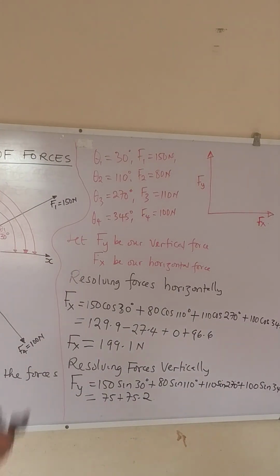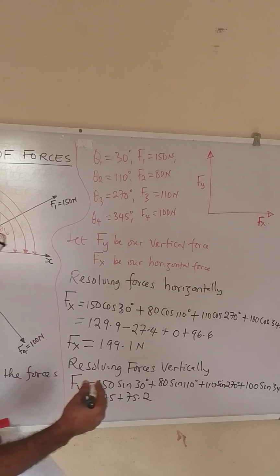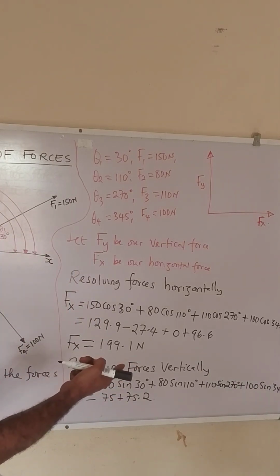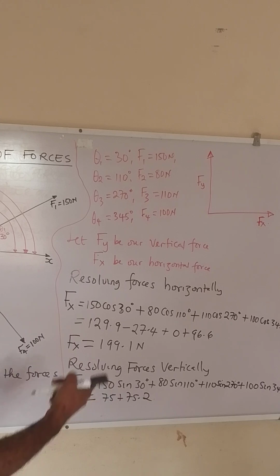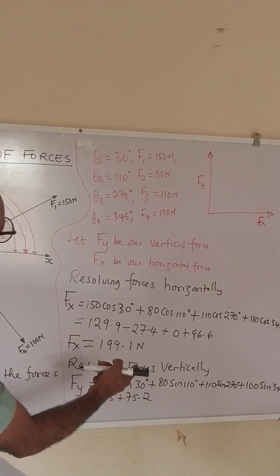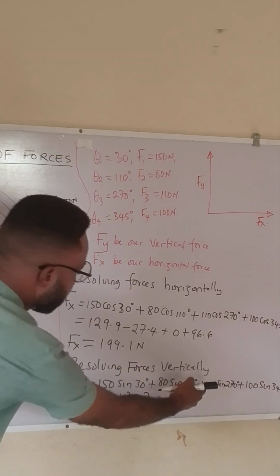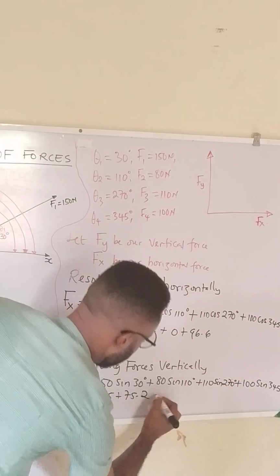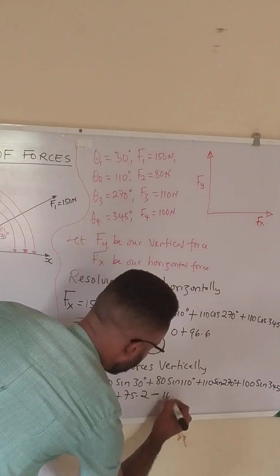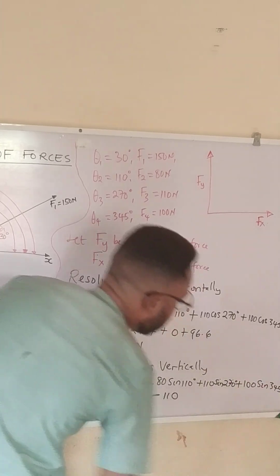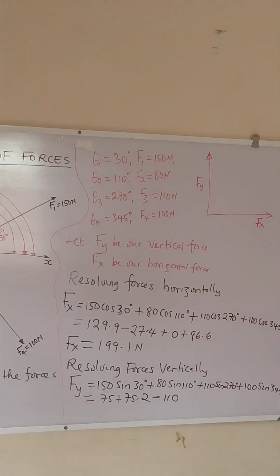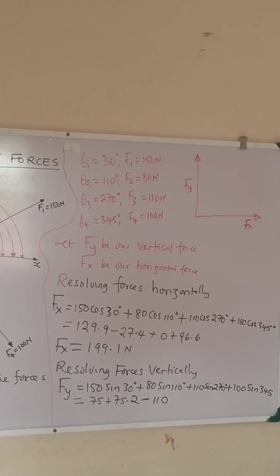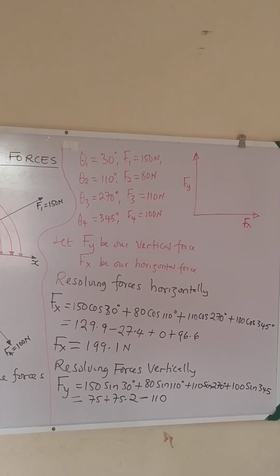Okay, F3, the force is 110, we are correct. So when you multiply it by 110, because it's minus 1, it will give you minus 110. And then when you punch your calculator to determine what sine 345 is, it will give you minus 0.258.